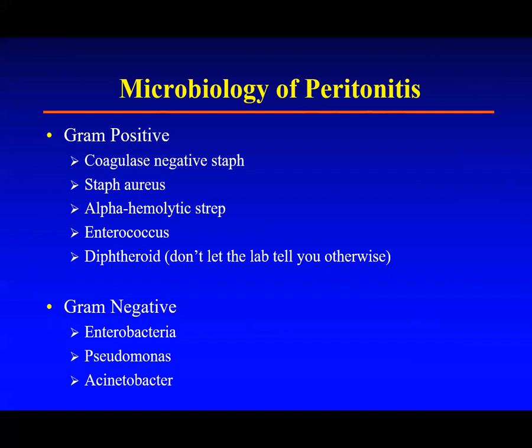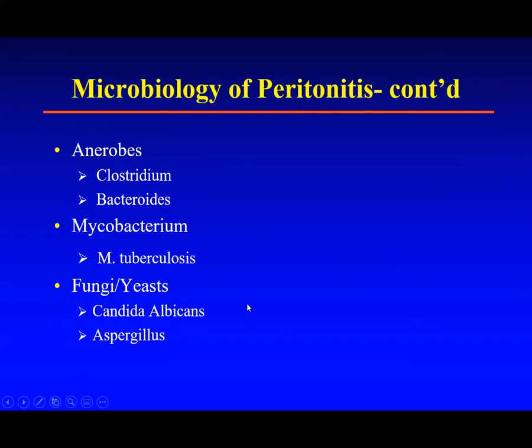Don't let the lab tell you otherwise. There are, of course, gram-negative bacteria, the Enterobacteriaceae, such as Klebsiella, E. coli, etc., Pseudomonas, Acinetobacter. And then there are the rare anaerobes, Mycobacteria, MTB, not common in the United States.